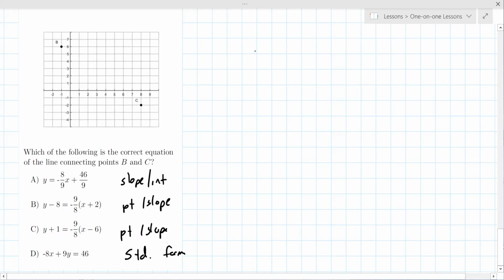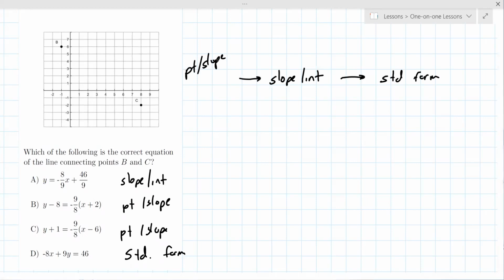So okay, for example, it's very difficult to start at standard form. It's very easy to go from slope-intercept to standard form. Oh, okay. And it's relatively easy to go from point slope form to slope-intercept. Okay, so if you had to start somewhere, you would start with point slope form.